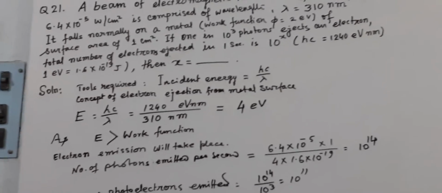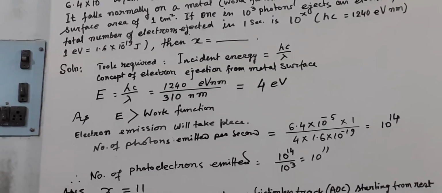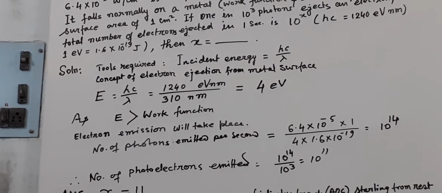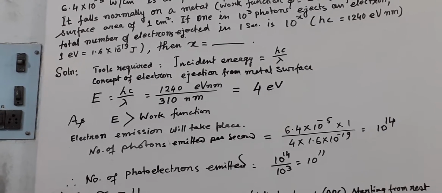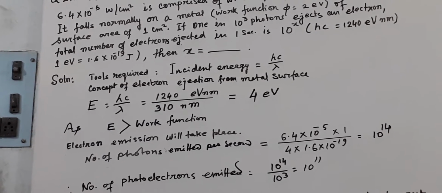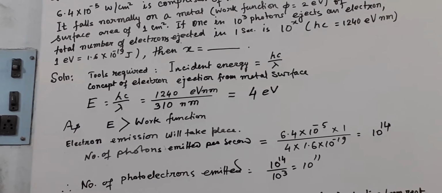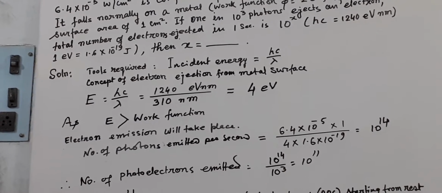Now to the solution. Here we require the incident energy equal to h nu, which is hc by lambda. The concept of electron ejection from a metal surface requires that the incident energy should be greater than the work function.